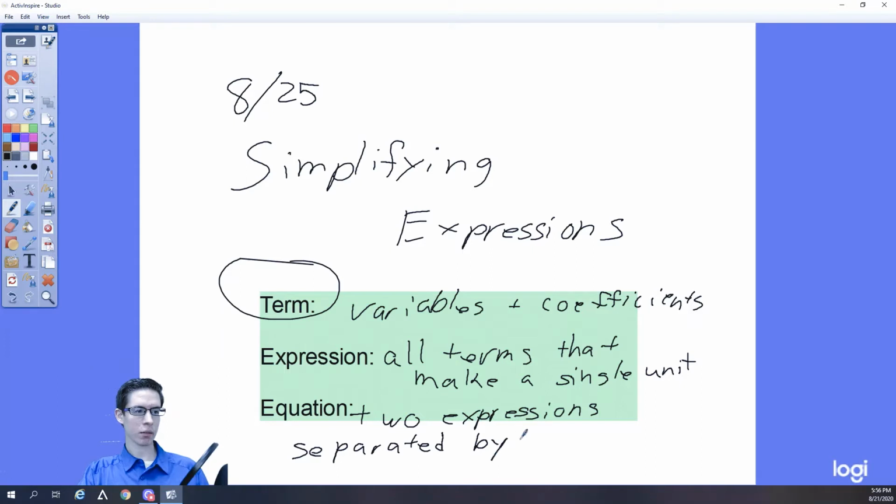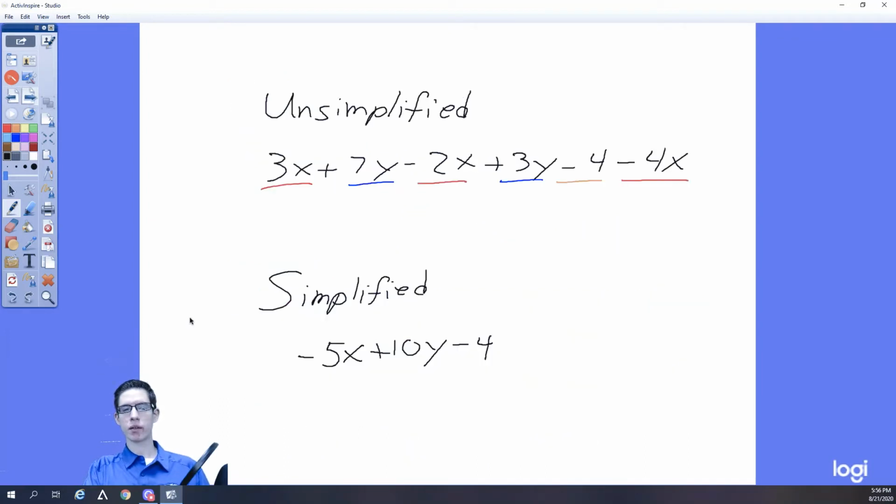So two expressions side by side, separated with that equal sign in the middle. All right, got that. Let's look at an example. We won't be dealing with equations today. We're going to come back to that probably Thursday, but we are going to go a little bit deeper into terms and expressions. Here is my first example right here.